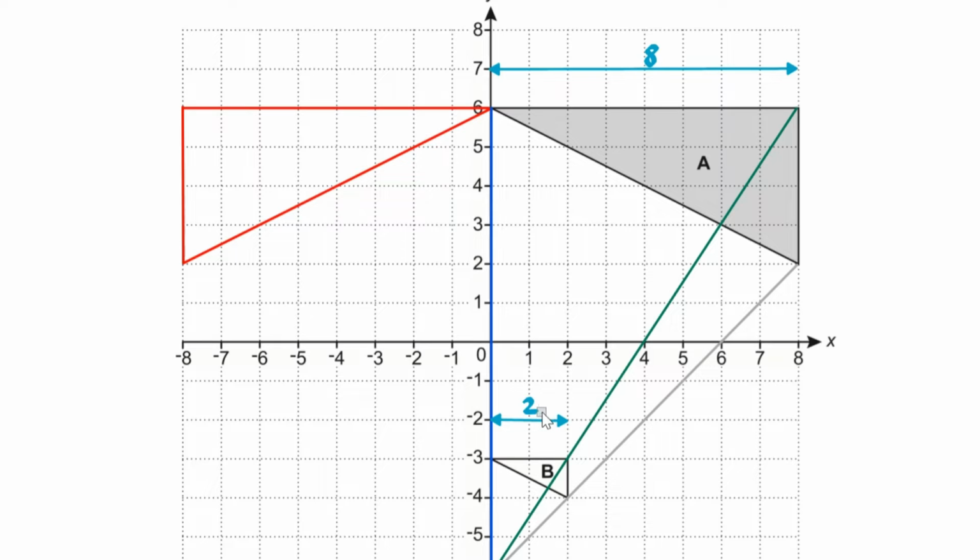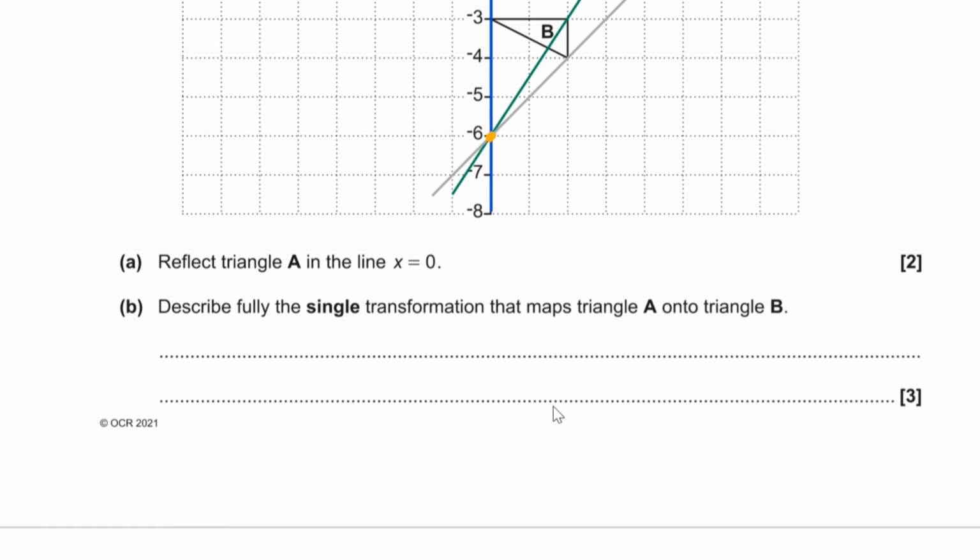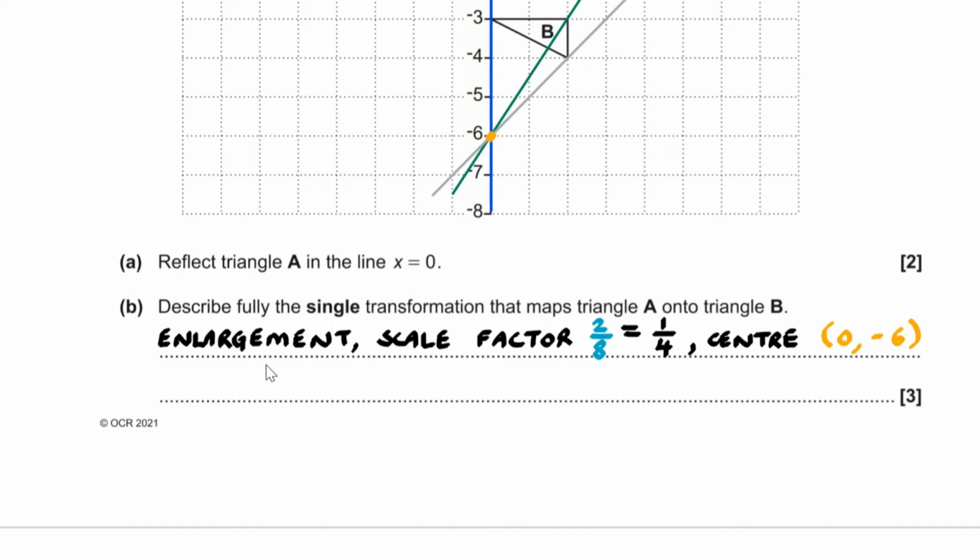So our scale factor, we are going from 8 to 2, we are dividing by 4 or multiplying by a quarter. So when we come to describe fully the single transformation that maps triangle A onto triangle B, we've got an enlargement scale factor 2/8, which is the same as 1/4, with the centre of 0, -6.